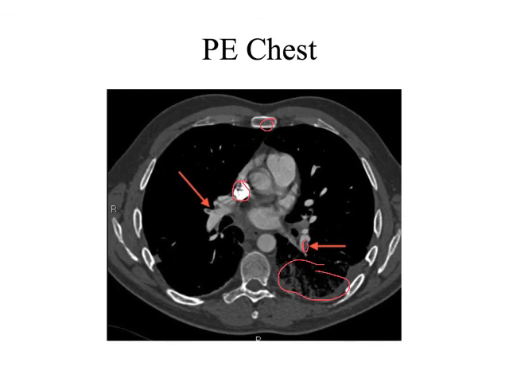So we want to make sure that we place the ROI directly on the pulmonary artery there, and that we are looking for a good amount of contrast in those pulmonary arteries at the time of scanning.